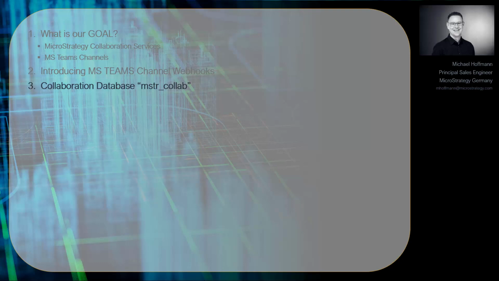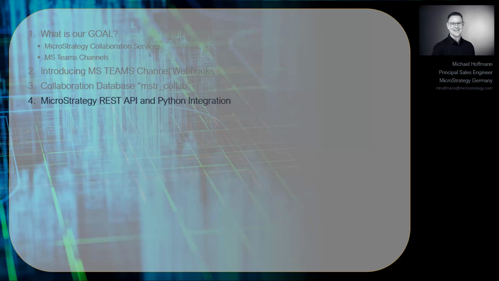MicroStrategy is using its repository, a standardized PostgreSQL database called MSTR Collab. It's important to understand the schema, the main objects related to collaboration services. But it's very easy. I will show you this in a minute.